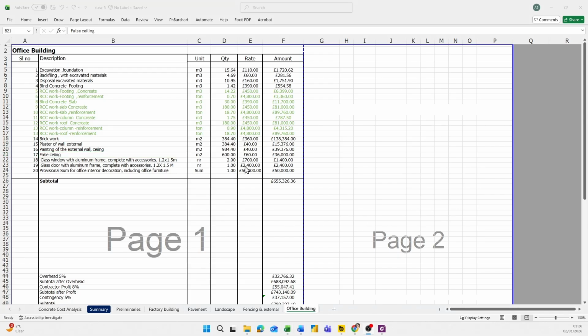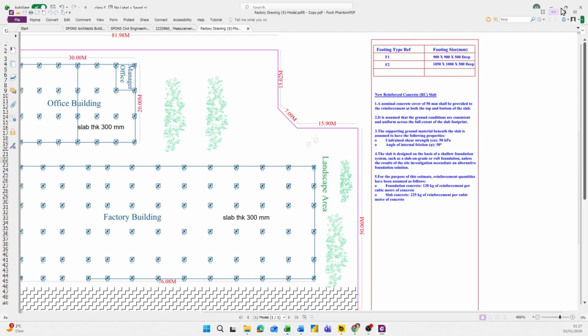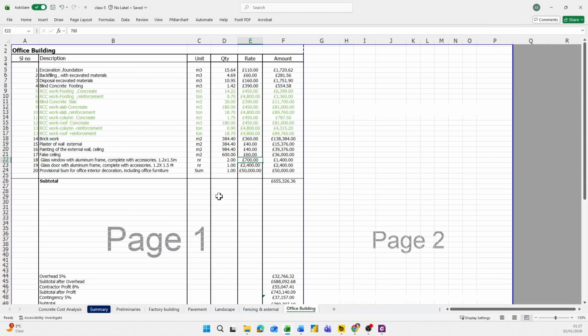For glass window, normal price is less than 200, but I put 700 because this is 2 pieces only, and the factory also needs 3 pieces, so total no more than 5 pieces. So for 5 pieces, it's very small work.